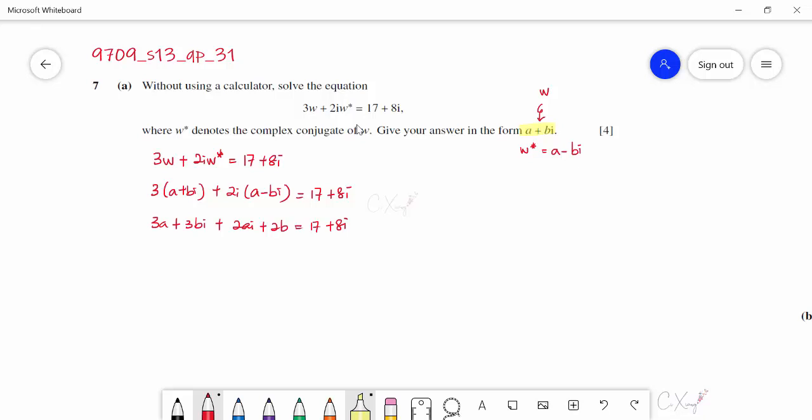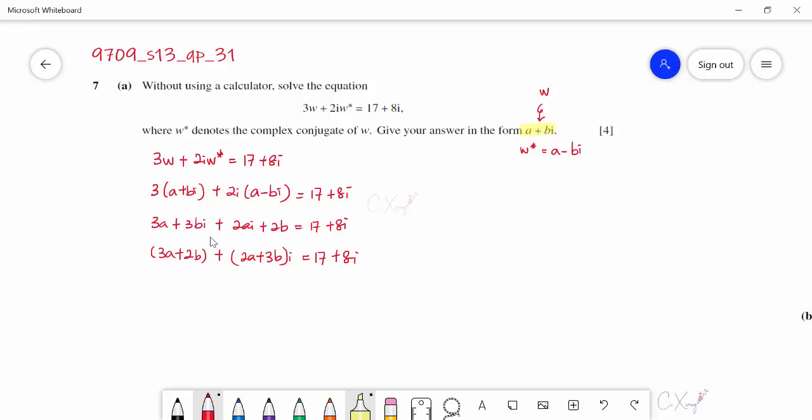Now I group all the real parts together and all the imaginary parts together from the left hand side. The real part will be 3a plus 2b, and the imaginary part will be 2a plus 3b i, and it equals 17 plus 8i.